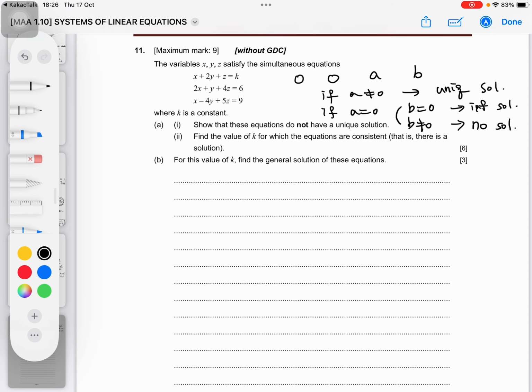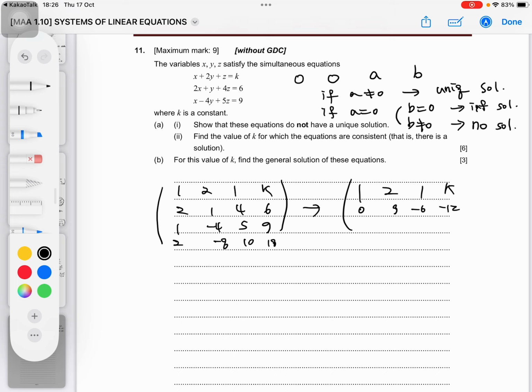So let's go for number A. 1, 2, 1, k. 2, 1, 4, 6. 1, negative 4, 5, and 9. 1, 2, 1, k. 2, 4, 2, 2k. Let me go for the last one because I just try to avoid the k. 2, negative 8, 10, 18. So 0, 9, negative 6, negative 12.